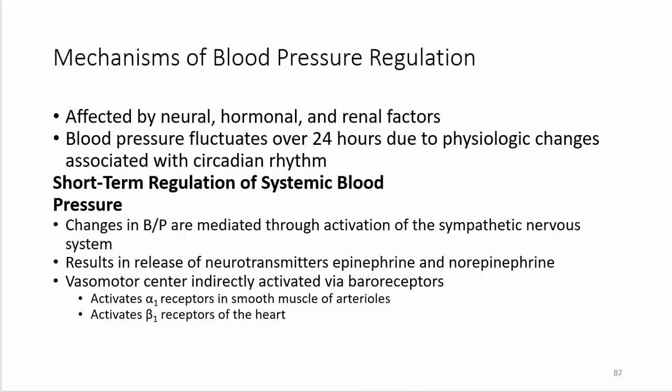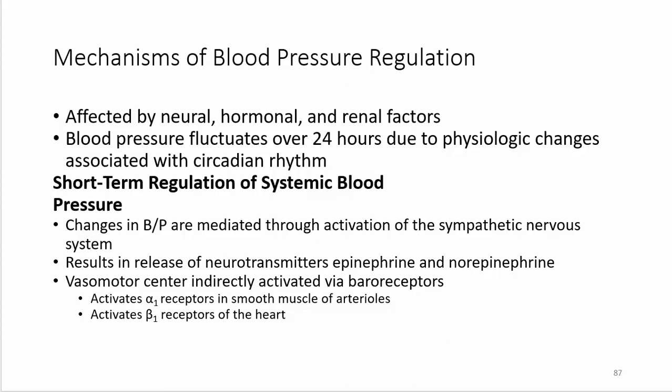Now, it also is involved with the vasomotor center, and baroreceptors then feed back to the vasomotor centers. So the baroreceptors are the cells that are actually monitoring blood pressure, and the vasomotor center will either activate alpha receptors in the smooth muscle walls of the arterioles, or it activates beta receptors, beta 1 receptors in the heart.